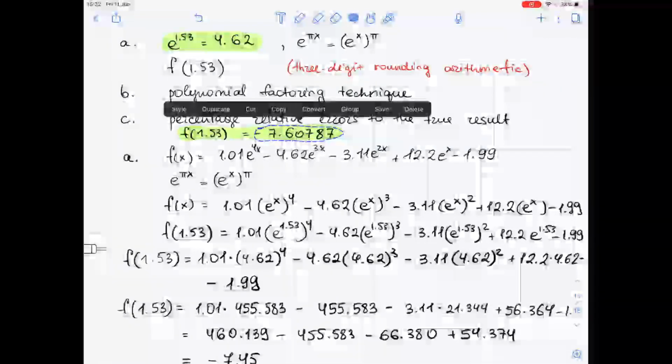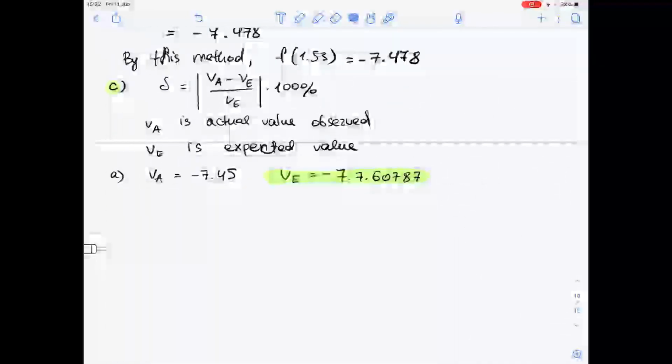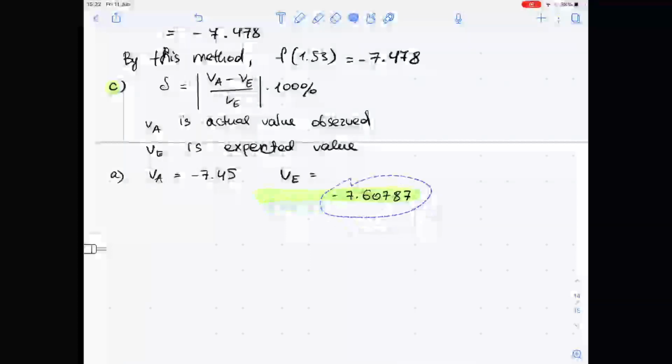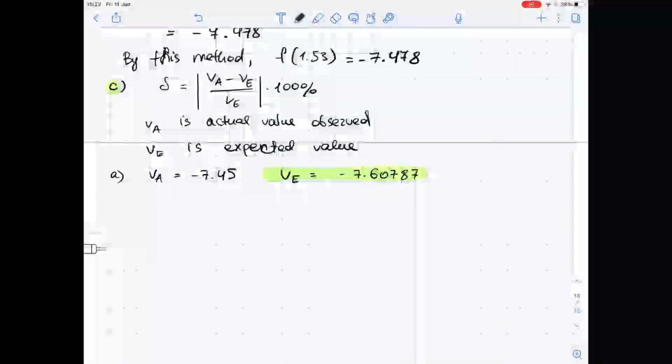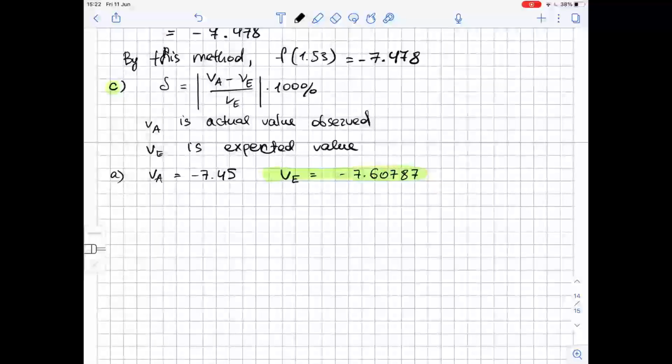Well, I'll just copy paste this number. So here is the expected value. Well, now to calculate the error, we'll just substitute the numbers for VA and VE in our formula.